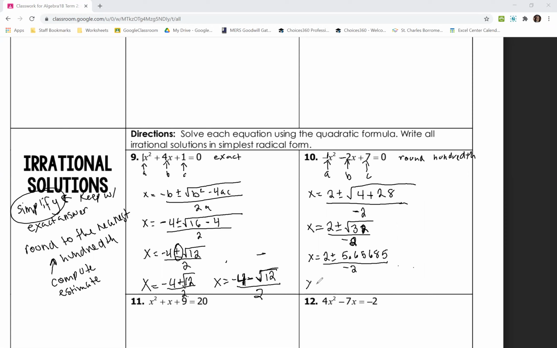So X will either be 2 plus 5.6568, so that'll be 7.65685 divided by negative 2, and then also X equals 2 minus that, so that'll be negative 3.65685. I'm just adding and subtracting that from 2, divided by negative 2.